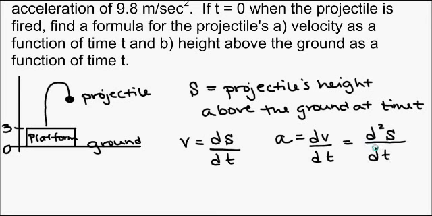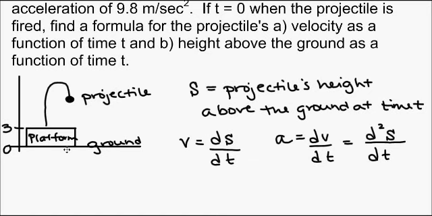So gravity acts in the direction of s decreasing. In other words, when s is getting smaller because your projectile is falling down to the ground, the height is decreasing. That's because gravity is pushing it downward.